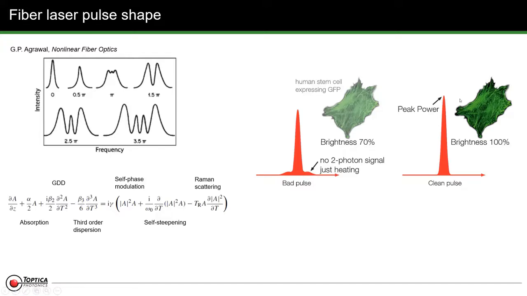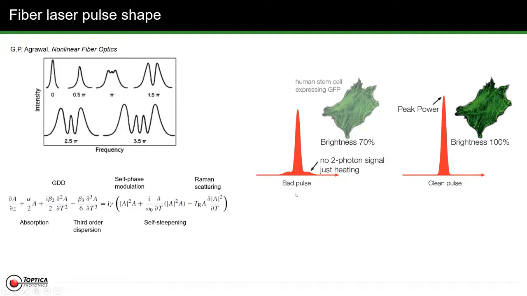And that means that if you could have all that energy under the peak of the pulse, say your brightness is 100% in this example, if you have a 15% reduction in peak power due to some of your energy being at the wings, then your brightness is going to go down by 0.85 squared, which is something like 70%. Sorry, go down by about 30% in that case. So it's much better to have a clean pulse.